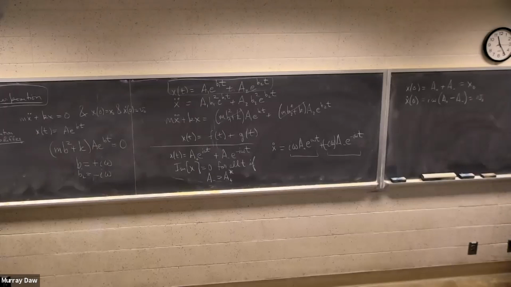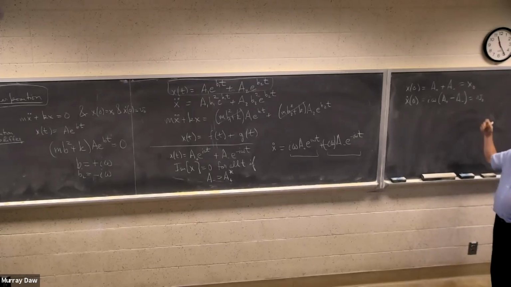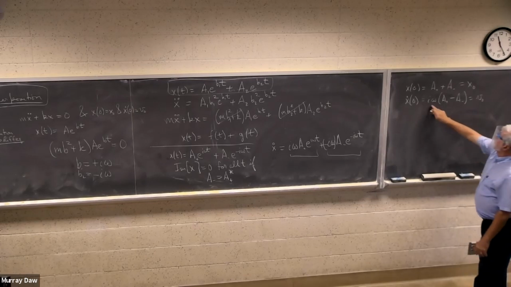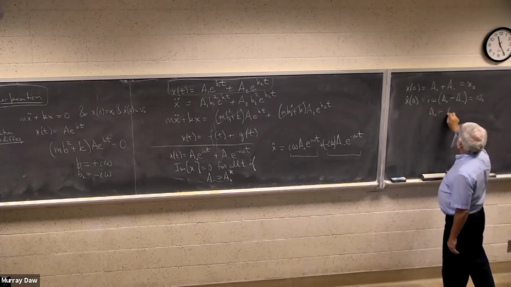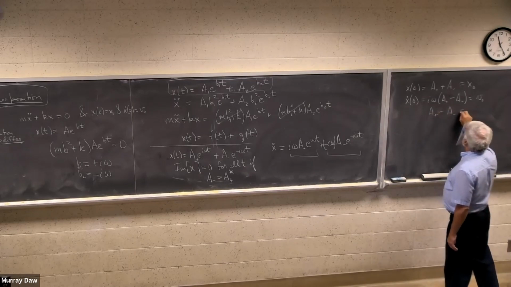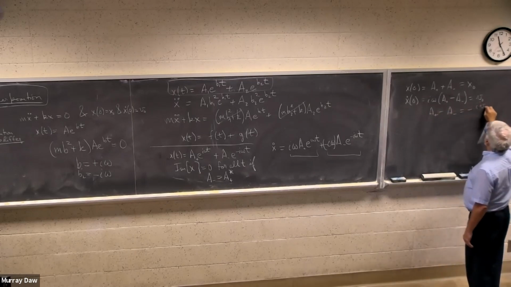We have two equations, two unknowns. And it will turn out the solutions for A plus and A minus are complex conjugates of each other. But we don't need to impose that. We can just find it's the case. Let's divide by i omega here. So we get A plus minus A minus is equal to minus i v naught over omega.